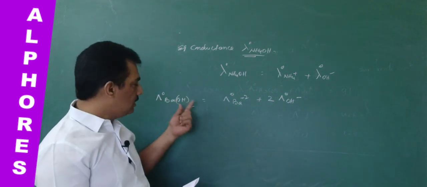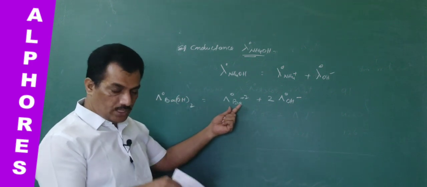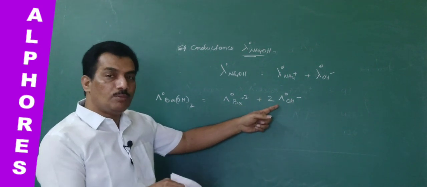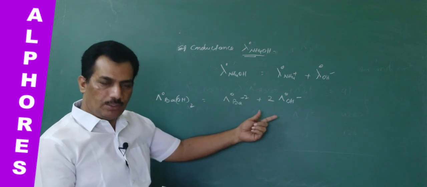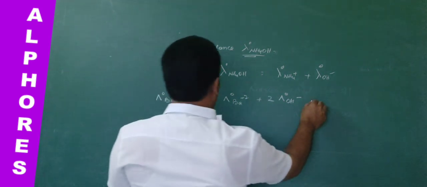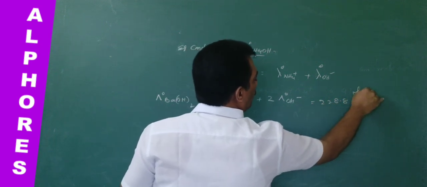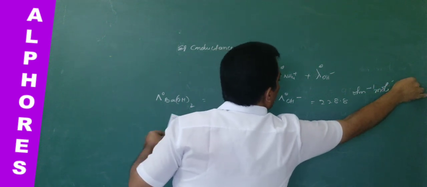You remember, in Ba(OH)2, barium hydroxide, one Ba plus 2 ion is present and 2 OH minus ions are present. So we have to consider the conductance of all these three, and it is given as 228.8 ohm inverse mole inverse centimeter square.